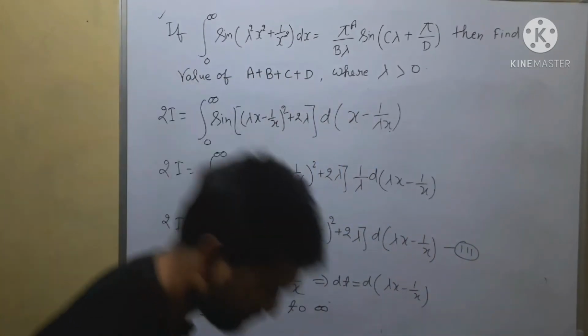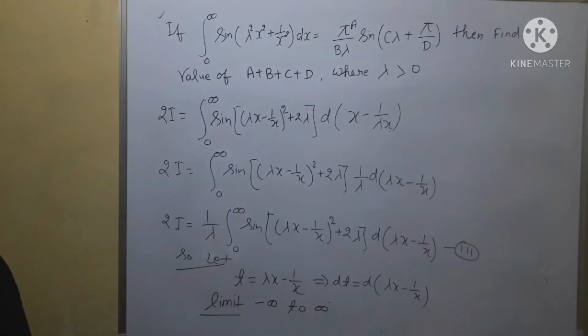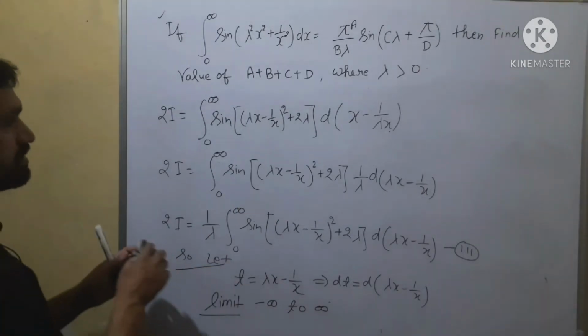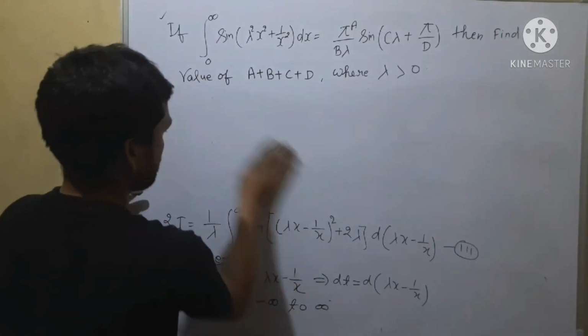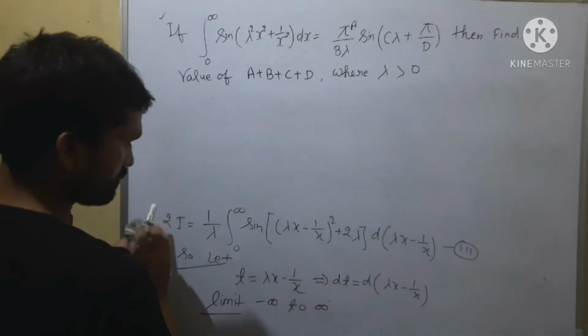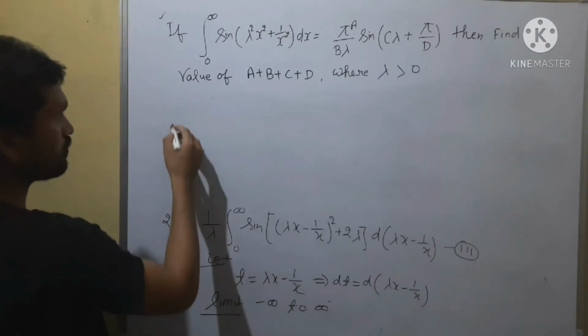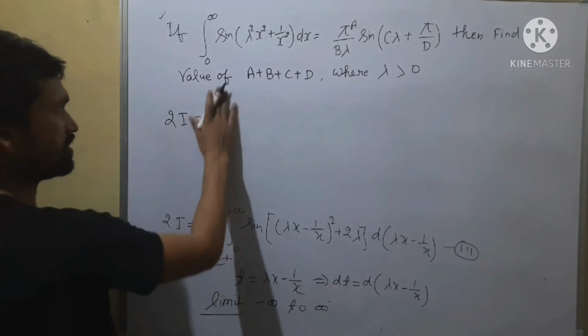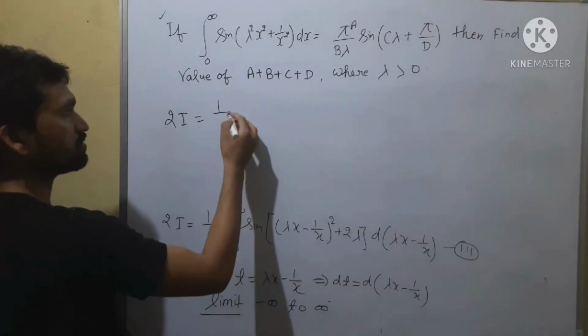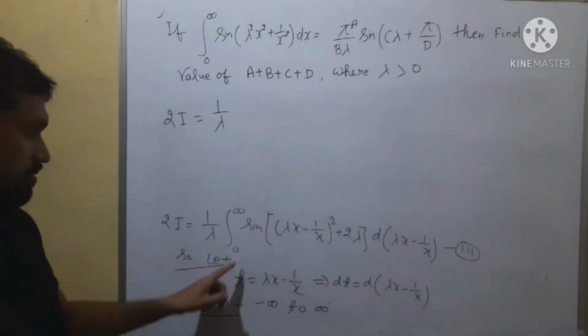Okay guys, you can see it easily. Now we should take the next step. Our next step will be 2I is equal to, because now here we should write 1 by lambda also. Now our new limit is what?